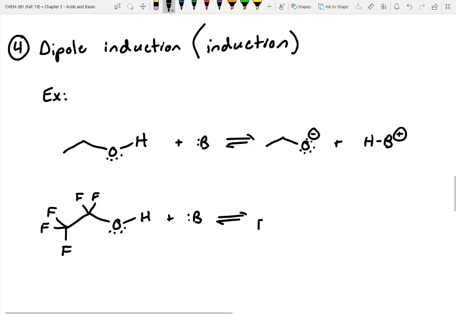All right. So I'm going to abbreviate. Actually, I'll just draw them all out. So we've got a negative charge on this oxygen, just like the other one. Let me scoot this over.